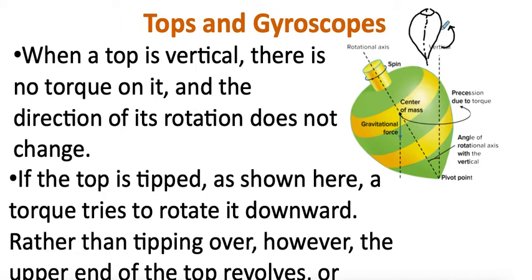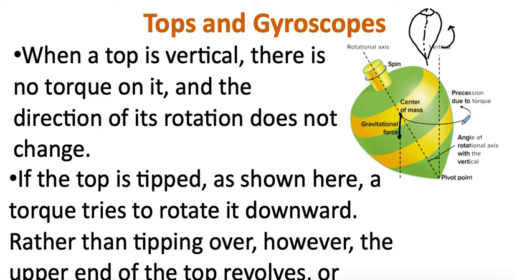But as soon as this starts to tip, because we have this thing called gravity, then it starts to look like this scenario here. What's going to happen is gravity is going to be pulling down on the center of mass right there, and that's going to cause that top to then spin around an axis. That's called the precession of the top due to torque, which is caused by gravity.